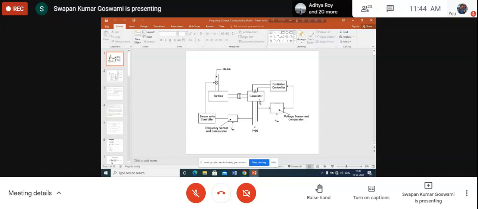We may assume the generator is being operated at constant voltage, and therefore there is no change in the excitation at all. Why can we assume this? Because that is so fast that any changes here will take negligible time with respect to the time constant of the frequency control.